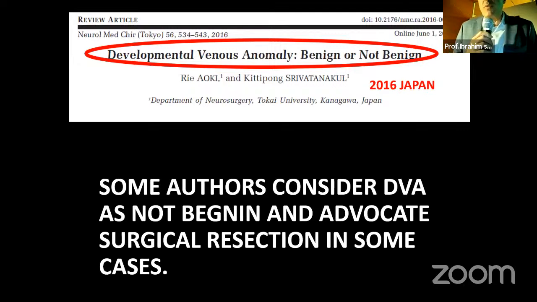The facts, we know that this is draining normal parenchyma. That's a fact. The other fact is the vast majority of these are asymptomatic in terms of what we see on a daily basis. So the dilemma with seeing all these reports and the case that Dr. Hazem just presented is that they do somehow present, rarely, with some symptoms.